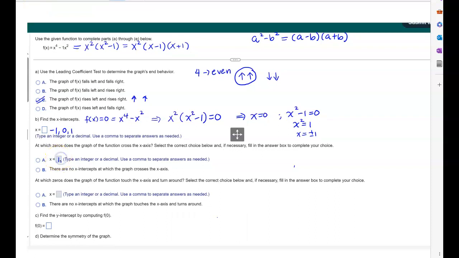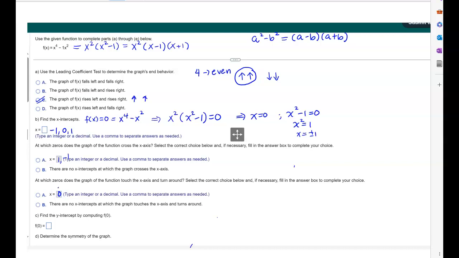The zeros for which the graph crosses the x-axis are the zeros with odd multiplicity. Those are negative 1 and positive 1. So at x equals 1 and negative 1, the graph crosses the x-axis. And the zero for which the graph touches the x-axis and turns around is the zero with even multiplicity. In this case, that is x equals 0.